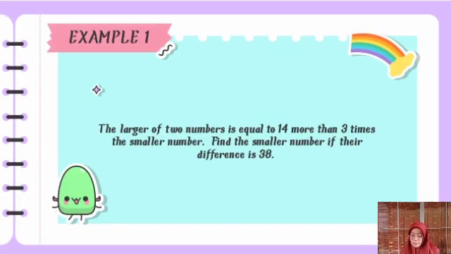The first example is example 1. The question: the larger of two numbers is equal to 14 more than 3 times the smaller number. Find the smaller number if their difference is 38.